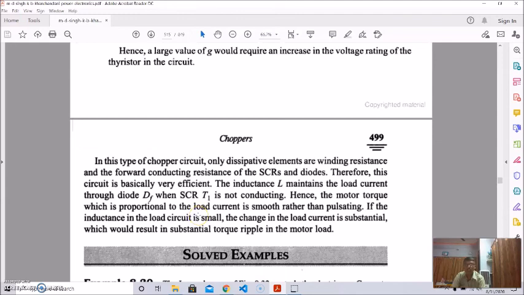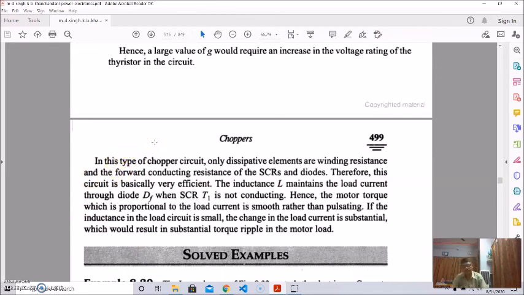We also discussed its commutating circuit, how it is operated, and its voltage and current waveforms, and also considered the design considerations of the Jones chopper circuit.